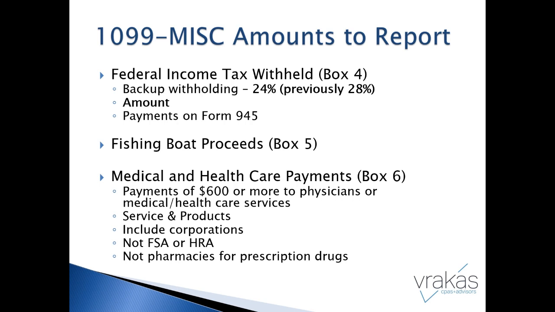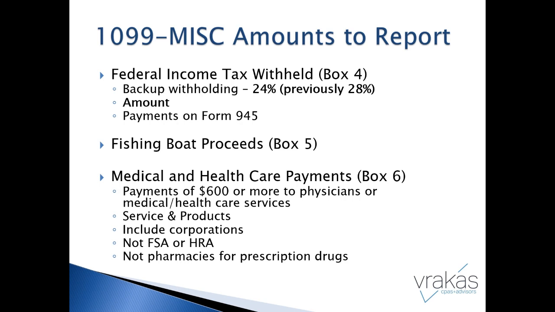You issue a 1099 miscellaneous to all organizations, whether they're a corporation or not, if they've hit that $600 or more for services. In the payments for physicians, medical, healthcare services, this I typically see because organizations have drug testing done and they pay a vendor $700 for a variety of employees' drug testing.